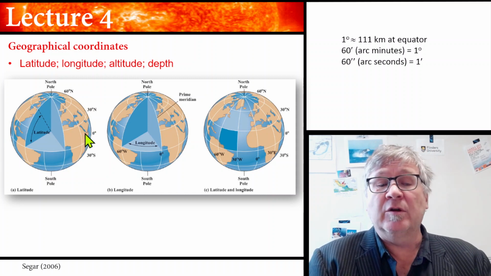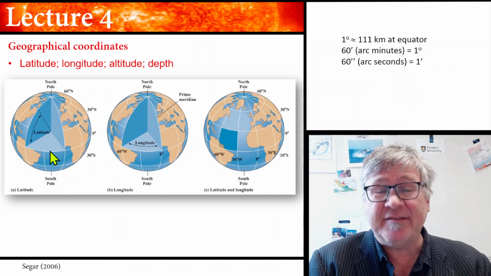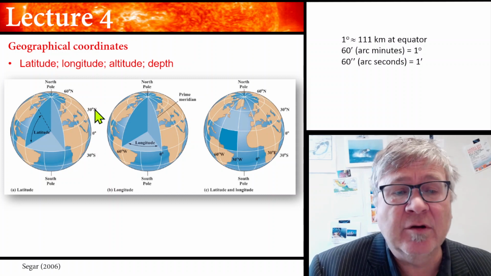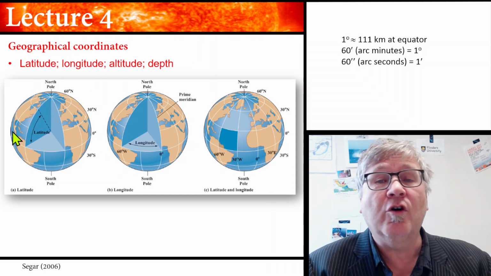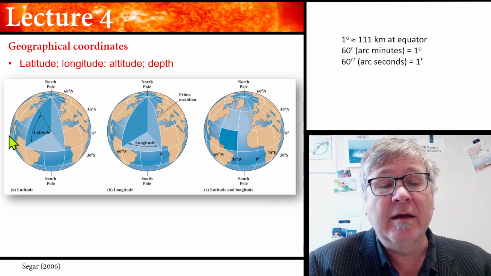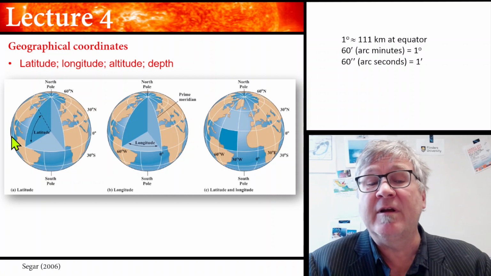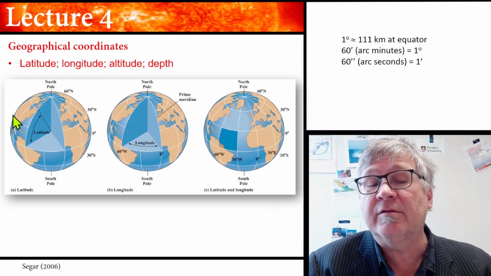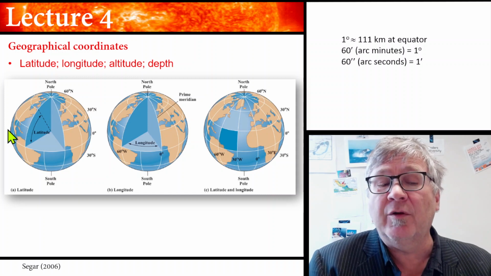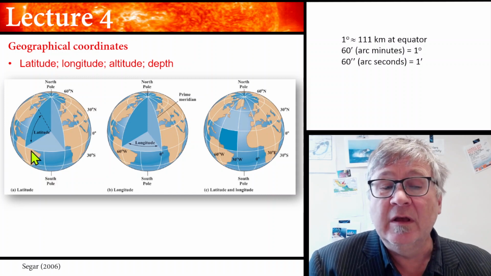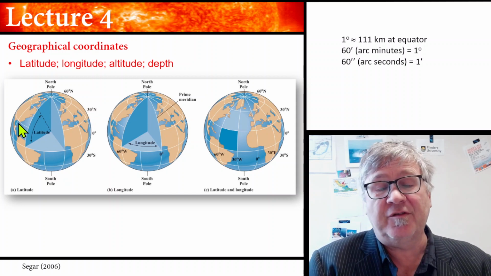Based on that basic definition of the equator and of the Earth axis, you now can draw circles which are parallel to the equator, and you can separate it into degrees. You can go 90 degrees to the north to reach the North Pole, or 90 degrees to the south to reach the South Pole, and these circles are called geographical latitudes.